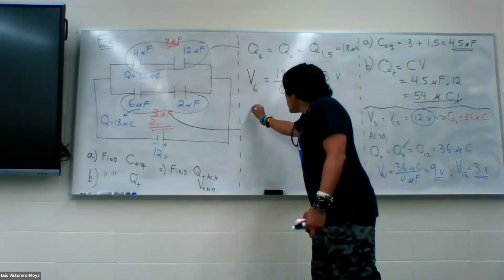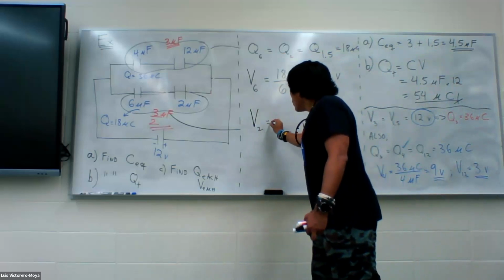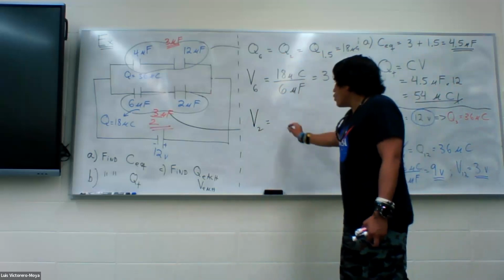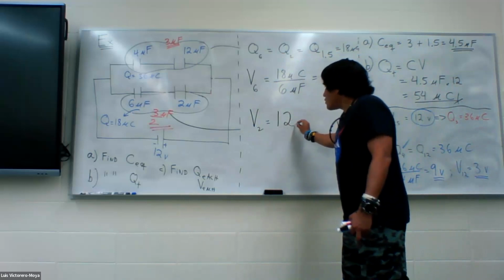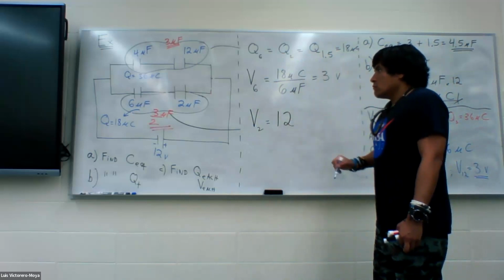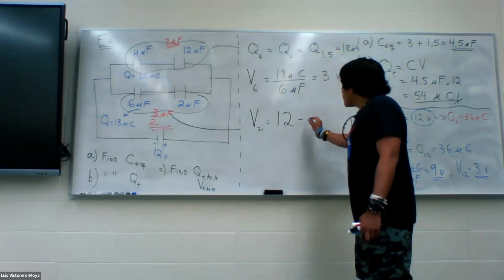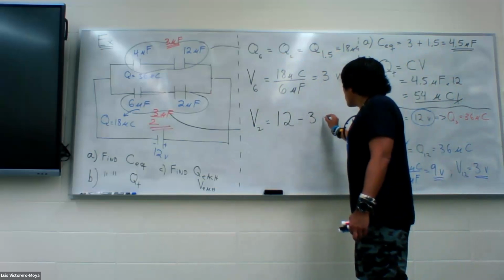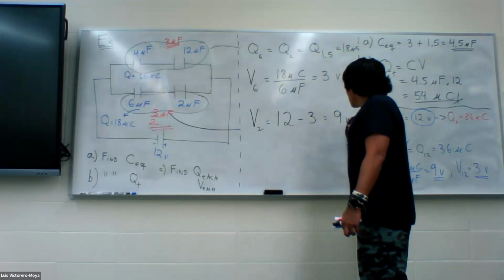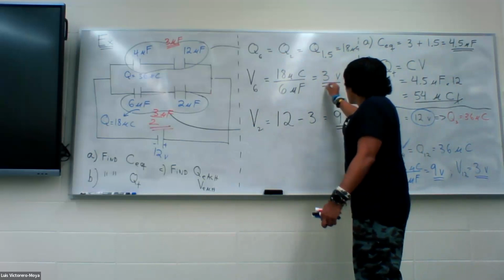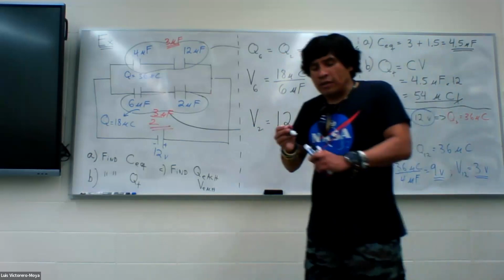Well, the voltage on 2, you can just say is equal to the voltage given minus 3 volts. And that's how you split the voltages.